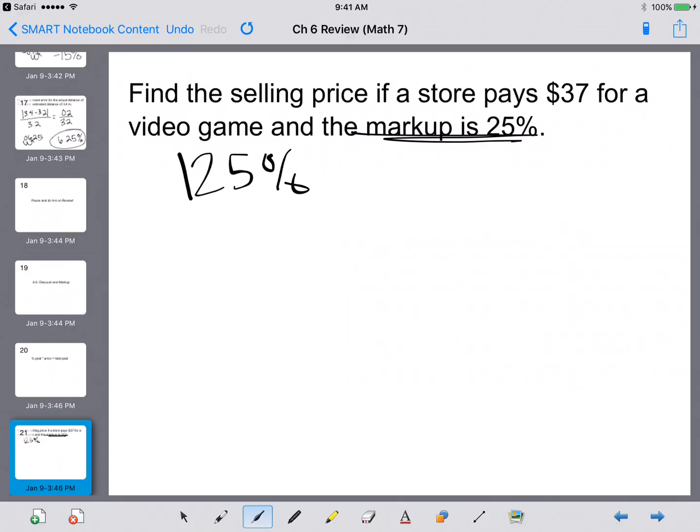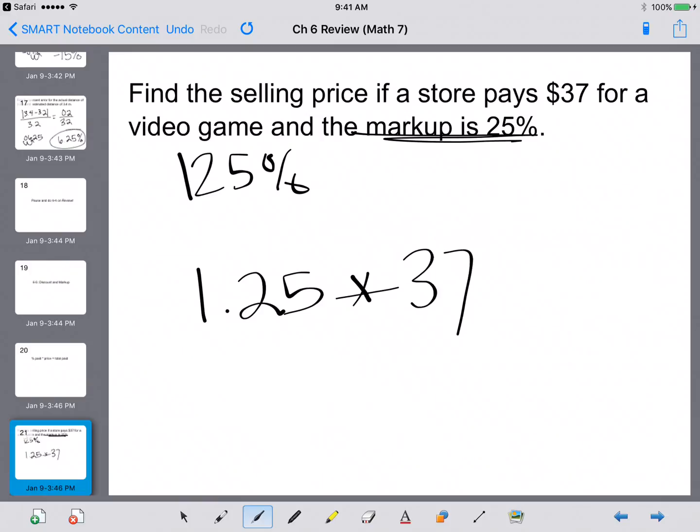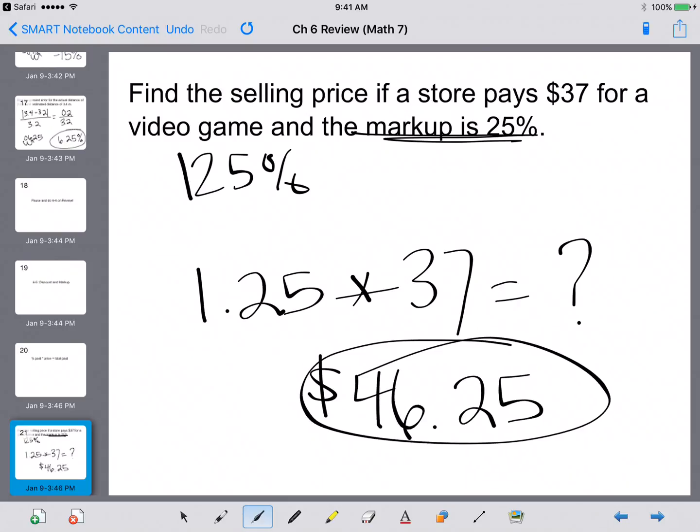To write that as a decimal, it is 1.25. So 1.25 is a decimal version of the 125%. We're multiplying that by the original price here of $37. And that is where we are going to get what the selling price is. So we're going to go 1.25 times 37, and the selling price of this video game is $46.25.